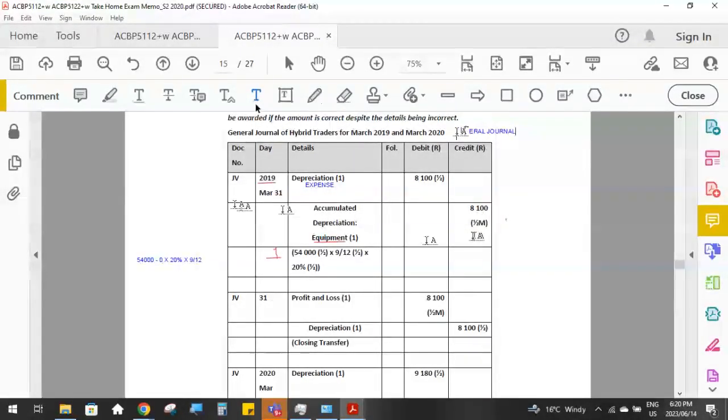This is what our journal looks like, in which we enter all of our sundry entries. Remember, this is where all of our sundry entries go into the general journal. And by sundry entry, I mean entries that don't belong in any of our cash books and they don't belong in any of our credit journals.